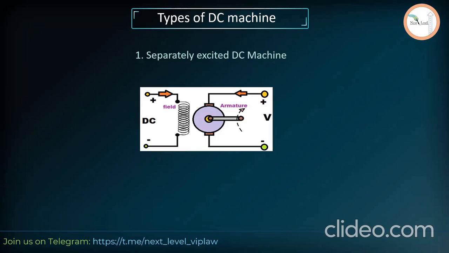Here you can see that a separate DC source is used for field magnet and a separate DC source is used for armature. This is called separately excited. I mean to say that a separate source is used here.